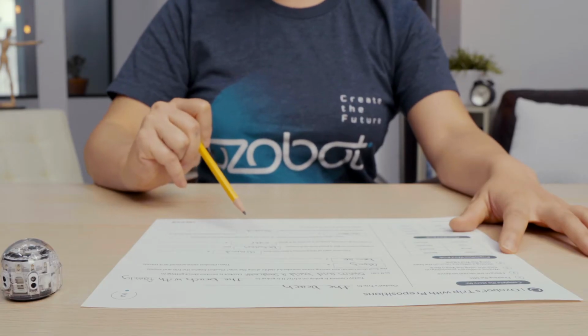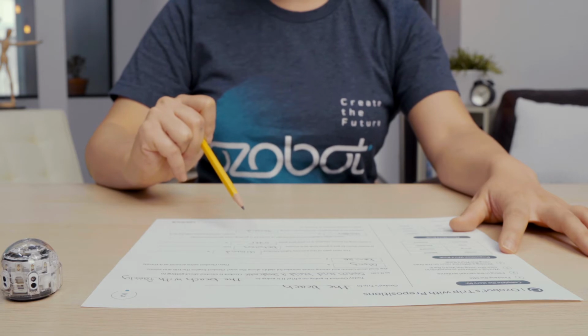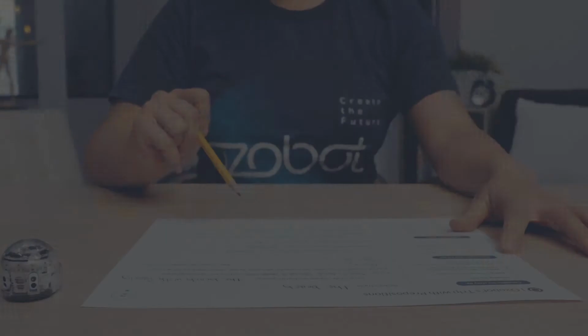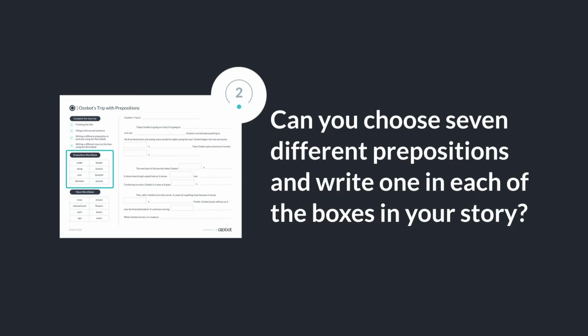I wrote a different preposition in each box to make my story more exciting. What prepositions will you use in your story? Can you choose 7 different prepositions and write one in each of the boxes in your story?